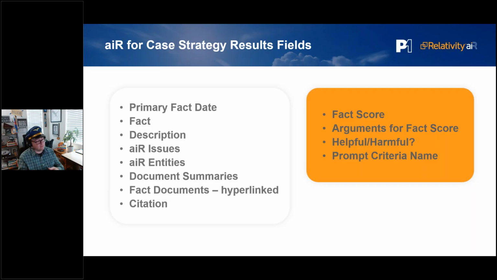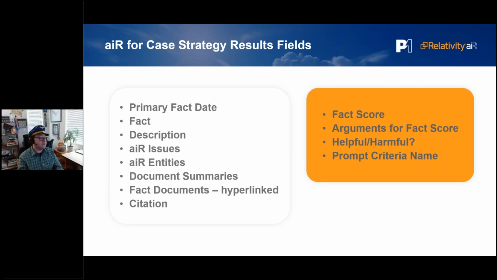You get a citation, and then you get a fact score, which is based on the inputs that you provided. Is it relevant? Is it not relevant? Based on that information. Argument for the fact score, whether it's helpful or harmful, and then of course you have a field where you can sort on the prompt criteria name. So if you run multiple iterations, you can keep track with that field that you have.